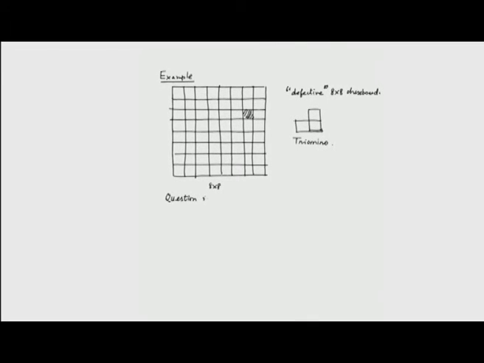My question is, can I cover a defective 8 by 8 chessboard by triaminos, or in general, is it possible to tile a 2 to the power n by 2 to the power n defective chessboard by triaminos? Question: is it possible to tile a 2 to the power n by 2 to the power n defective chessboard using triaminos?